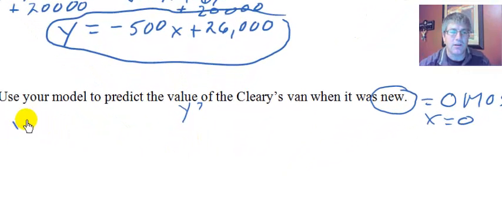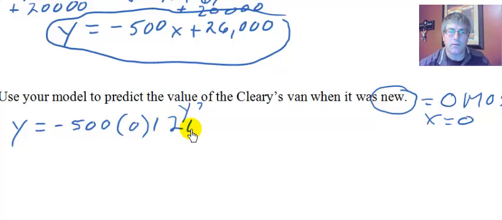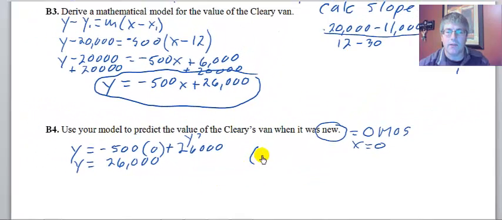If you're paying attention, you'll see that that's the y-intercept. y equals negative 500 times 0 plus 26,000. And sure enough, we get y equals 26,000. So that is our ordered pair, 0, 26,000. It's the y-intercept. So that was an eyeball problem. We could have probably just looked at that one.